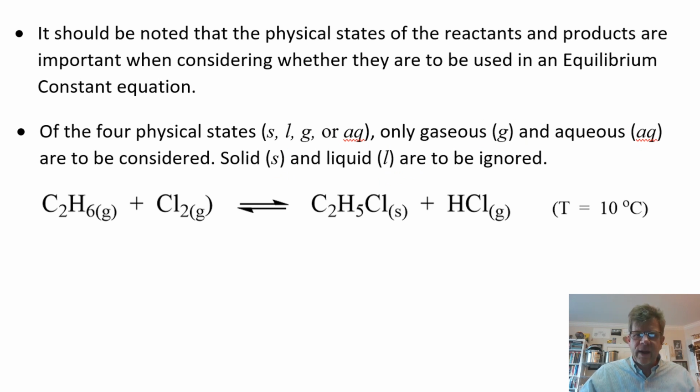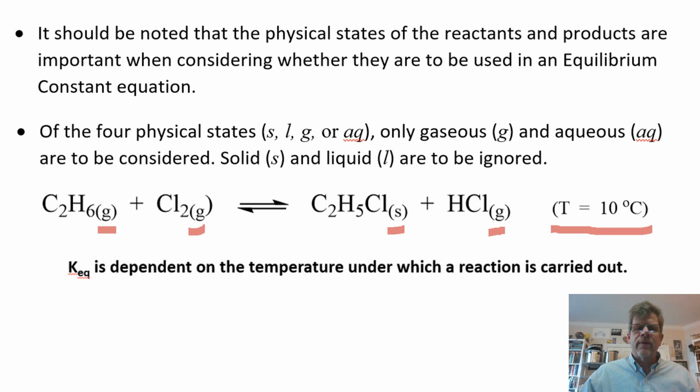Now, one last thing, this is a standard chemical equation of reaction showing, as we saw before, those physical states. Remember, we said sometimes they're used. This is one example where indeed they are used. But in here, it's also showing the temperature at which the reaction is carried out. That is because the equilibrium constant is different at different temperatures.